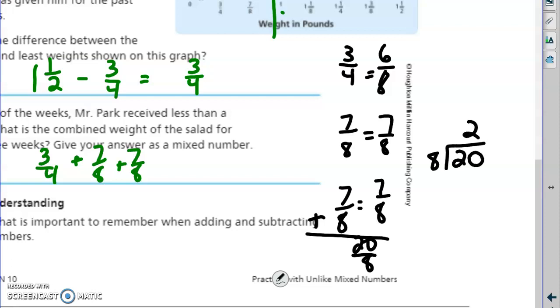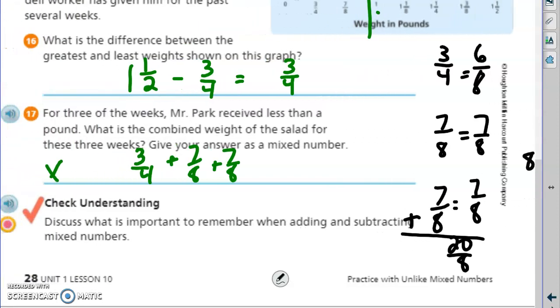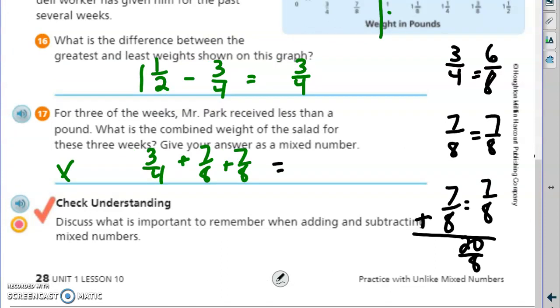It's going to go 2 times. Subtract. So your remainder becomes your numerator, and the denominator stays the same. It doesn't change. So you've got 2 4/8. And again, even though we use the simplest fraction, we still have to simplify. 4/8 is the same as 1/2.